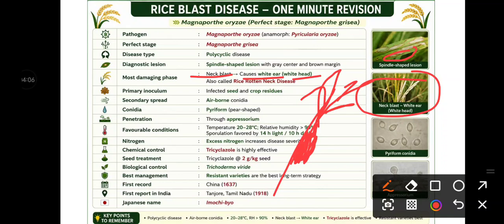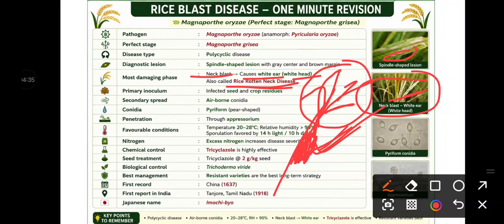So the ear becomes white, which is also called blanking. It is also known as rotten neck disease, because ultimately the neck region is blackened and rotting is there. That's why it is also known as rotten neck disease.